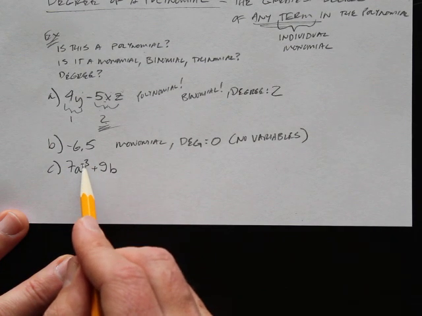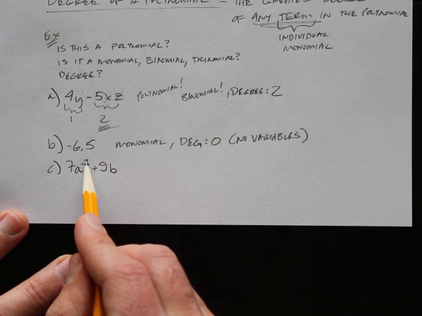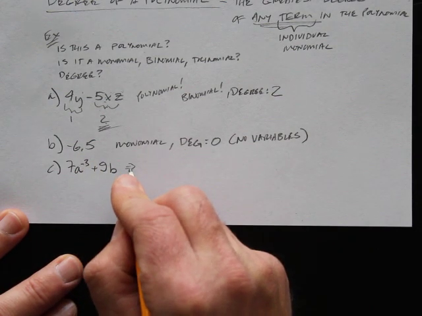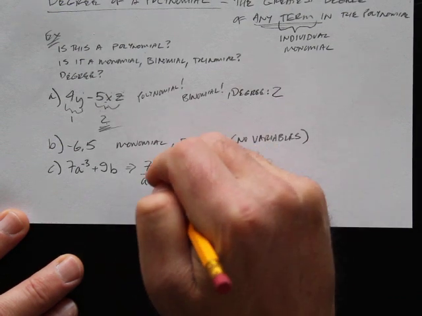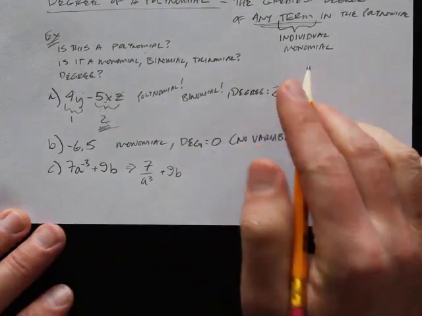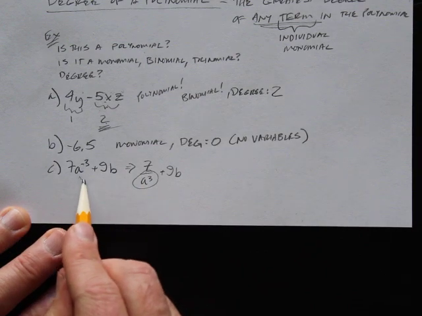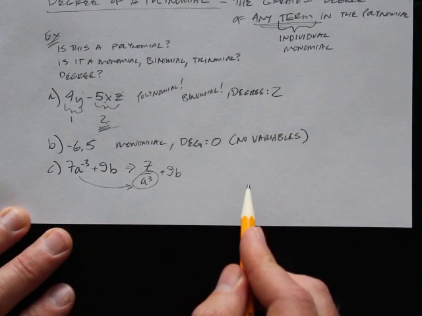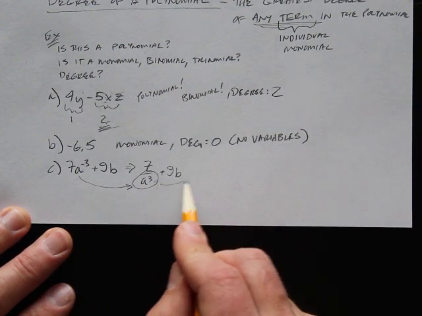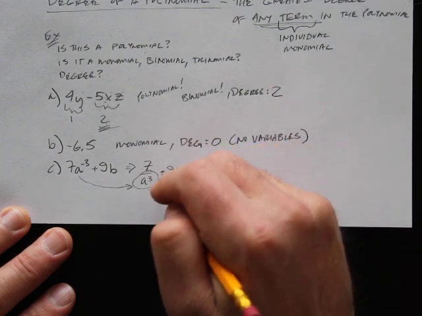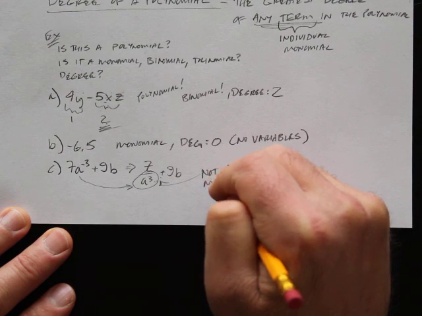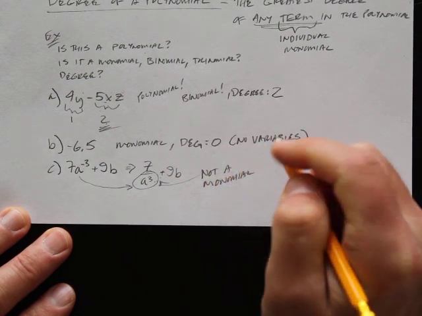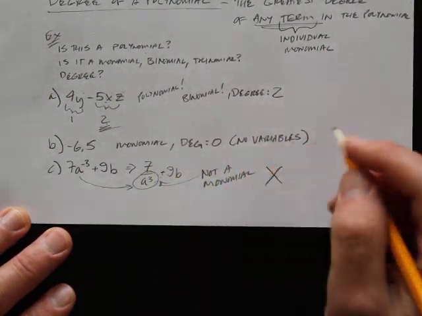Notice how this a is to the negative 3, that means that this is going to be 7 over a cubed plus 9b. This issue right here, so I had to put that down there, tells me this is not a monomial. So therefore, this whole deal is not a polynomial.